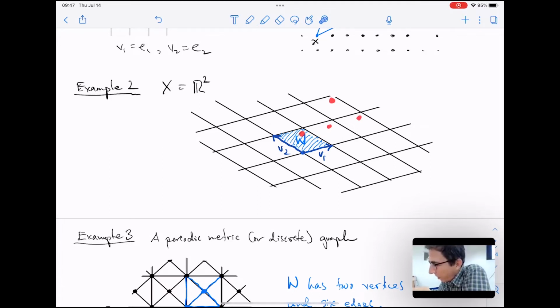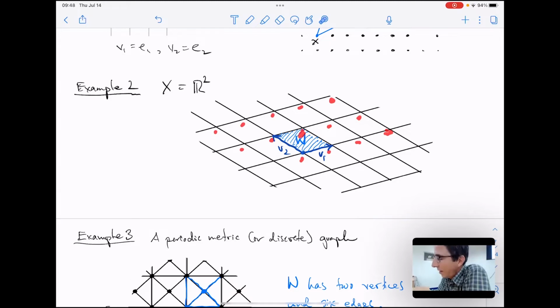You just look at all the different points that you can get by shifting that one by combinations of the v1 and the v2, and you get all these red points. One of those will land in this W set, which is a fundamental domain because it's determined in such a way that W contains one point from every orbit.